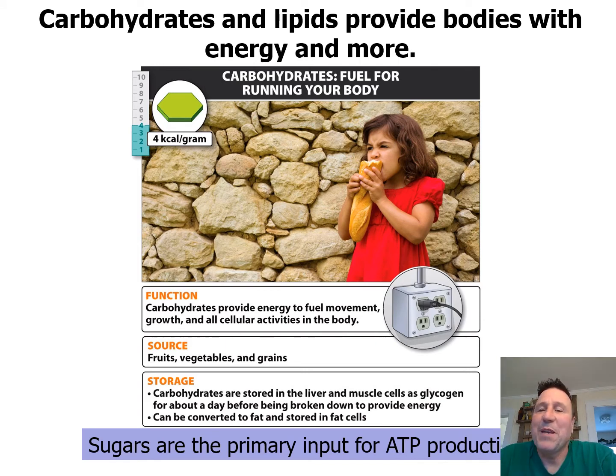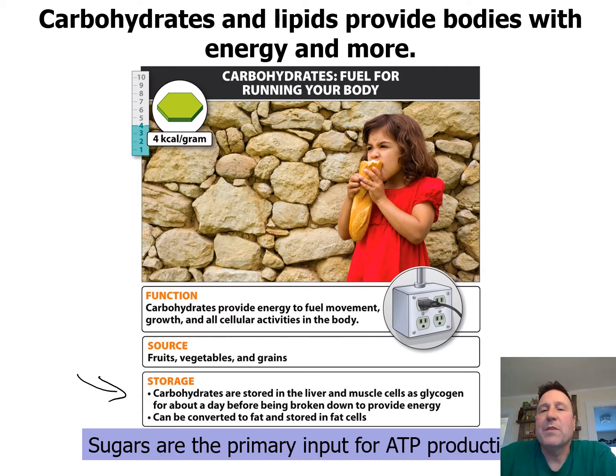So carbs, they fuel us. We use all those bonds and all those carbons and hydrogens to get energy in the Krebs cycle, right? And indeed, a lot of our sources are plant starches.